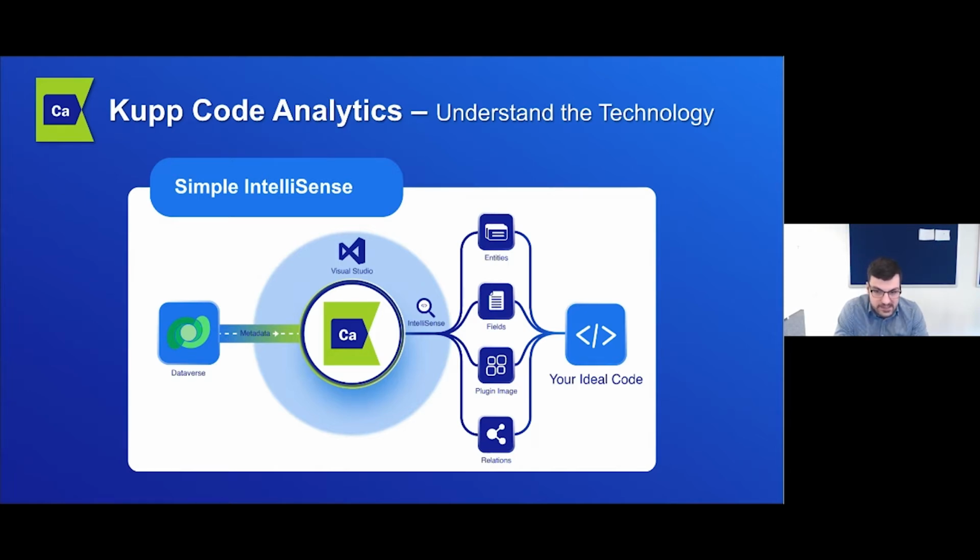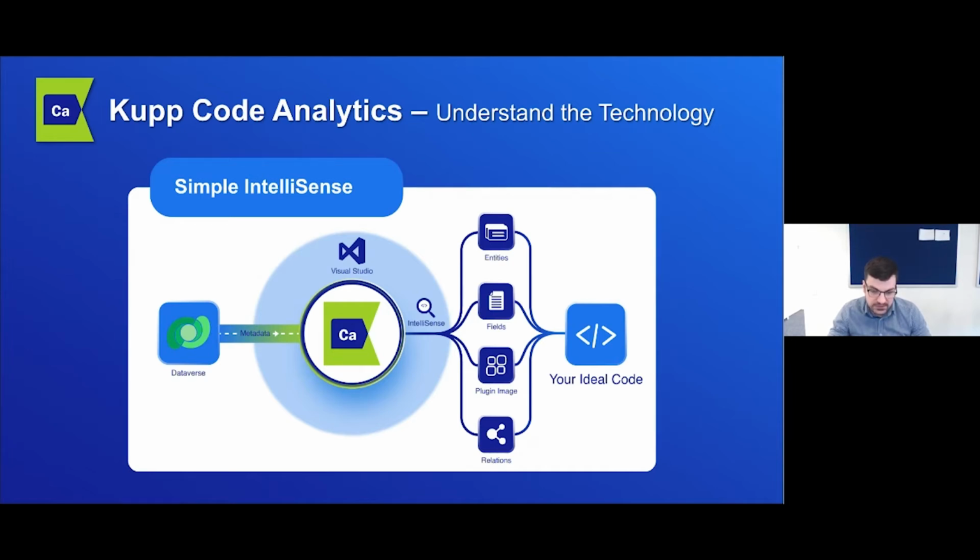And then a little bit more interesting things are plugin images, because so far I've never seen a solution generating code for plugin images. In most cases they're just called pre-image, post-image, but we do that as well. So we don't generate the code in the background. We do that on the fly. We analyze the code, see the current cursor position, and then see what the current context is.